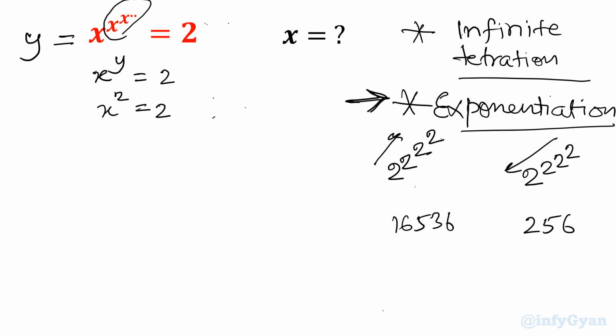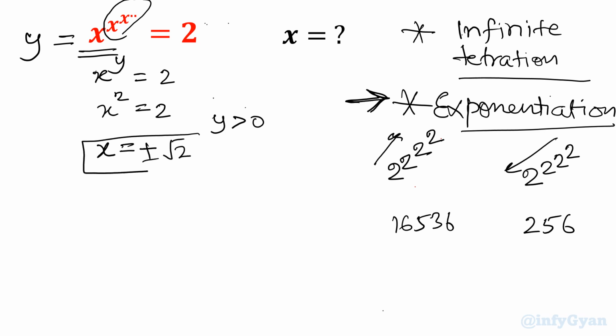The y value is always positive because it is x^x^x, that cannot be negative, an exponential function. Now if you solve, y log x is equal to log 2 by that method, so x will be positive. I will write directly my answer as plus or minus root 2, I will neglect the minus, so the answer will be root 2.